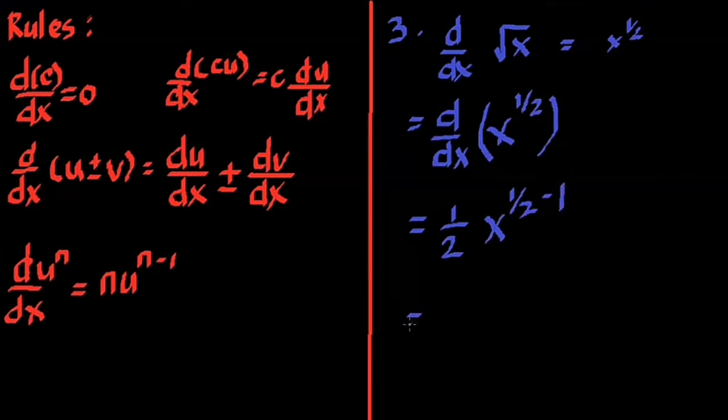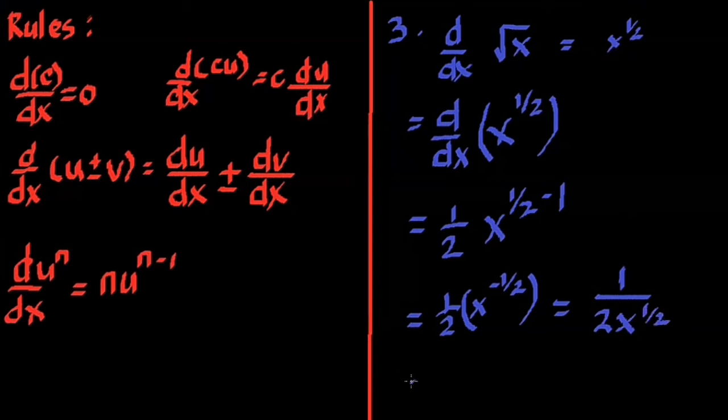So our answer here would be 1/2 times x exponent negative 1/2 now. And we could always rewrite this as a positive exponent. So that would be 1 by bringing it into its denominator with the x exponent 1/2.